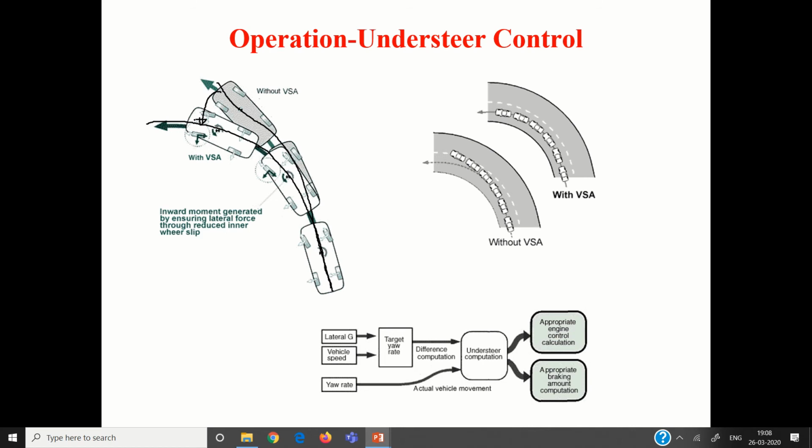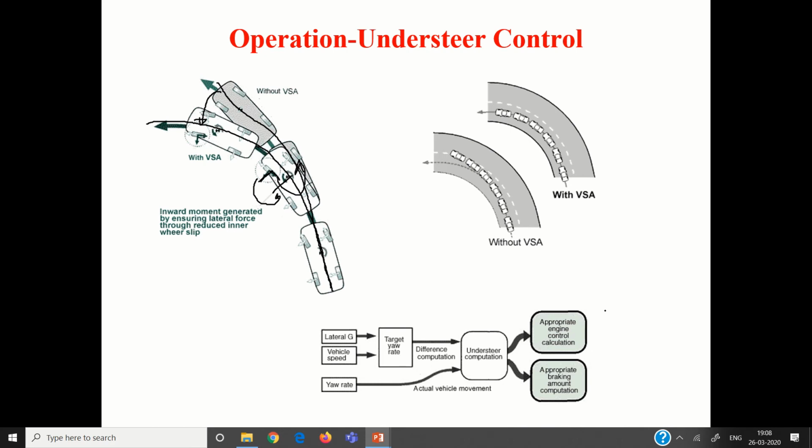So what needs to be done? See that. Here if I apply a brake force, this force about this point will create one moment like this. And this force, because lateral force will act like this, this force about this point will create another moment like this. So see that the vehicle is on the path. That is what is happening.